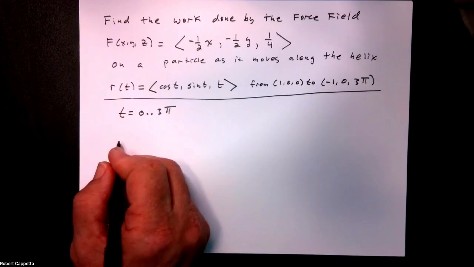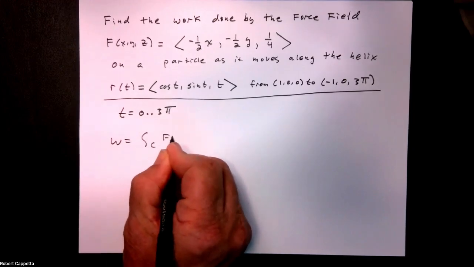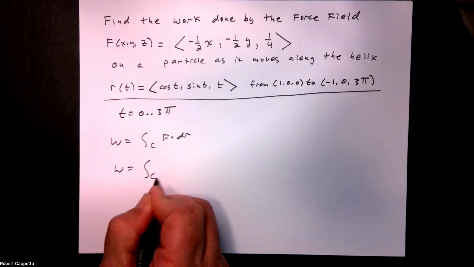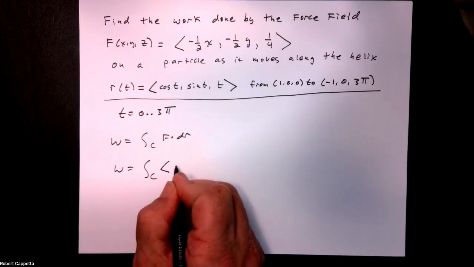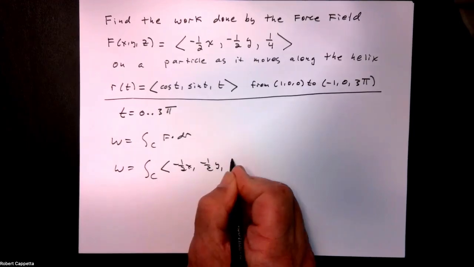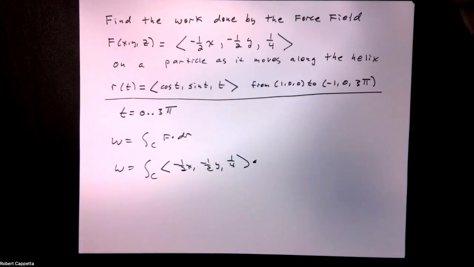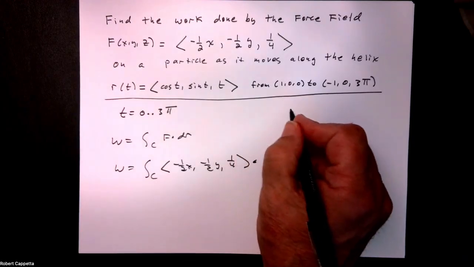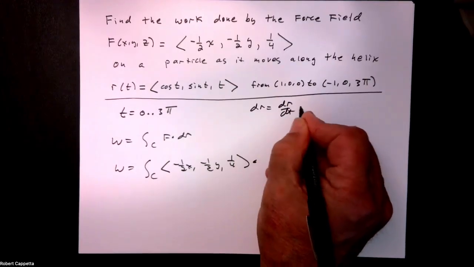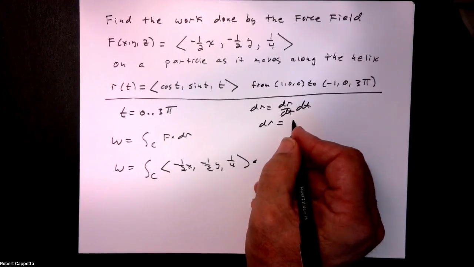Now, let's recall that work is the integral over C of F dot dr. So we have the work as the integral over C, F we have there as negative 1/2 x, negative 1/2 y, 1/4 dot dr. Now dr is going to be what? dr is going to be dr/dt dt. dr/dt is the velocity.